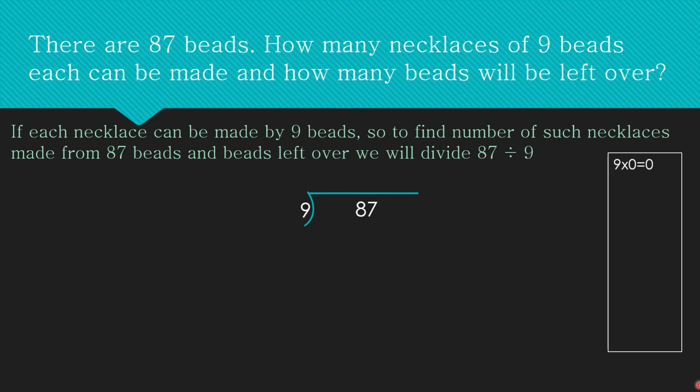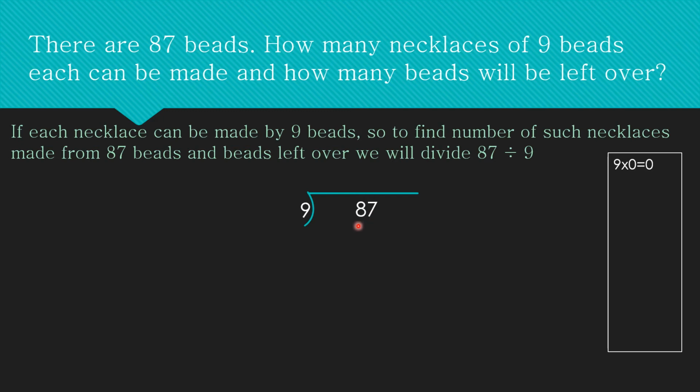9 zeros are 0. Students, here in 87, the first digit is 8 and 8 is smaller than 9. So first we will divide by 0. As 8 is smaller than 9, we will take 9 zeros are 0. So 9 zeros are 0.